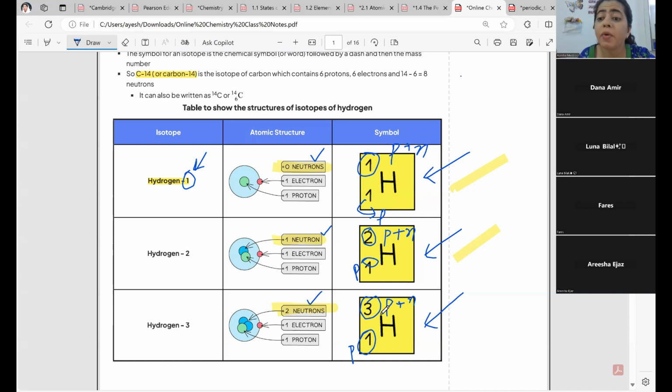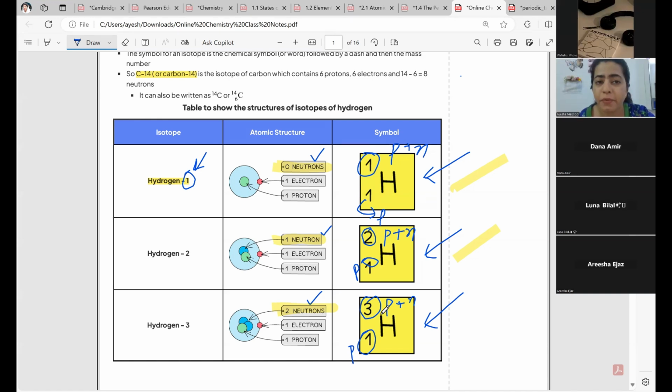That is definitely going to be a decimal. But it's not the simple average. Taking the average of isotopes has a method, a formula that we are using today. We use that formula to find the average, and then that average is written in the periodic table. Yes, Wafia.